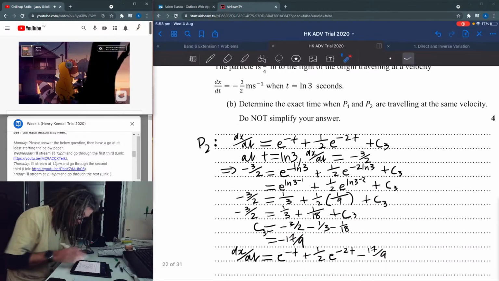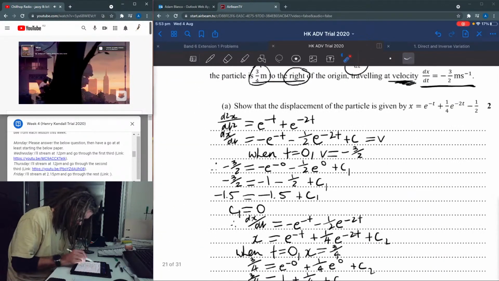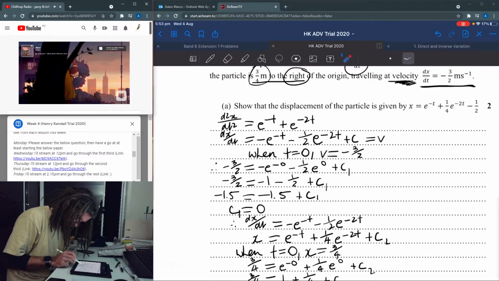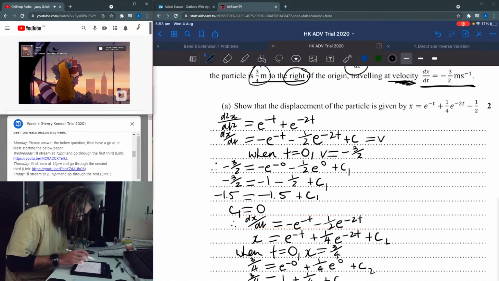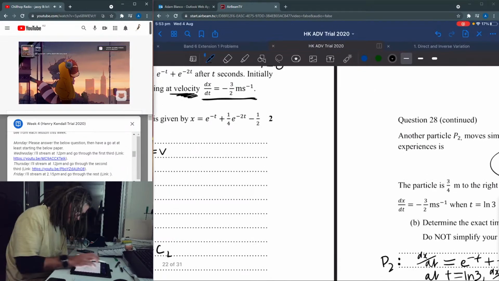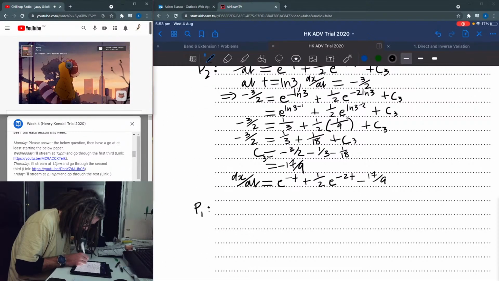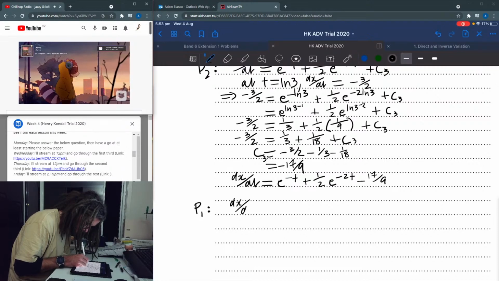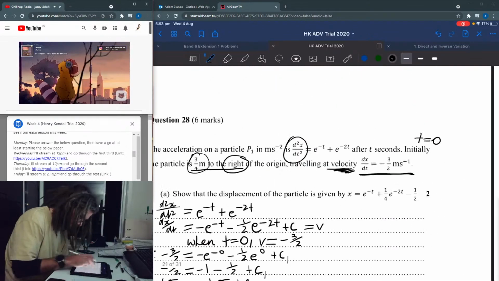So I need to show when this velocity is the same as this velocity. So I've got to set them equal to each other. So that was, whoops, particle 1. Particle 1 is dx on dt equals, geez, what is it?